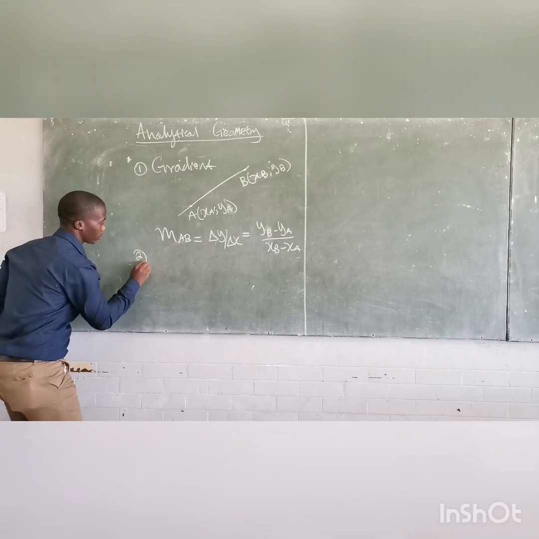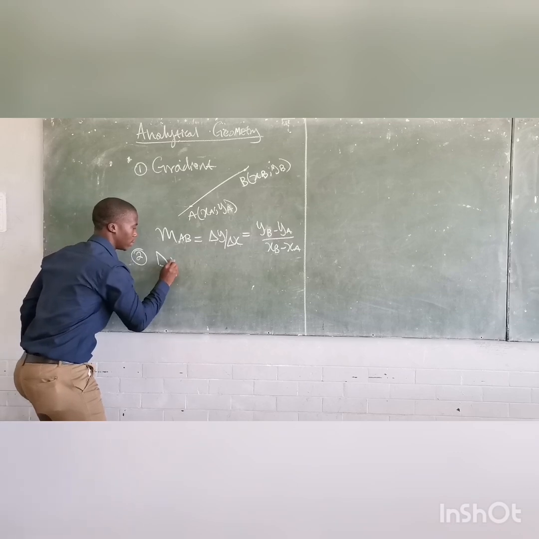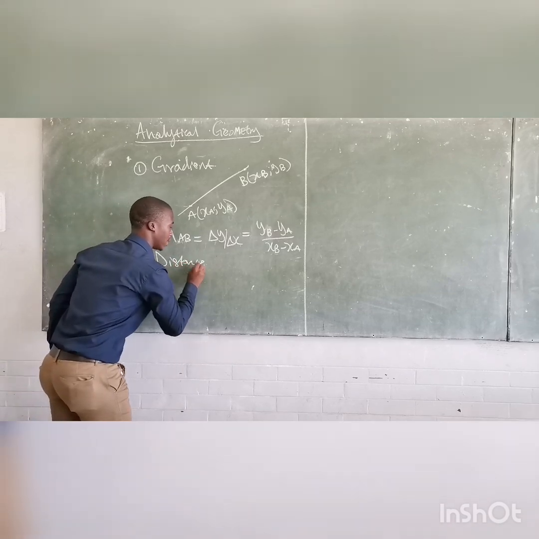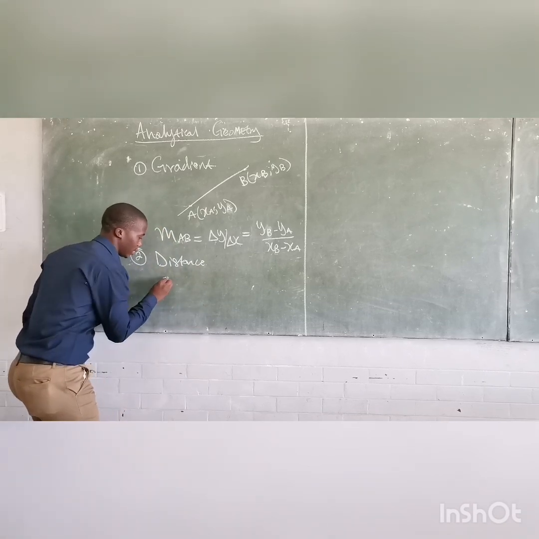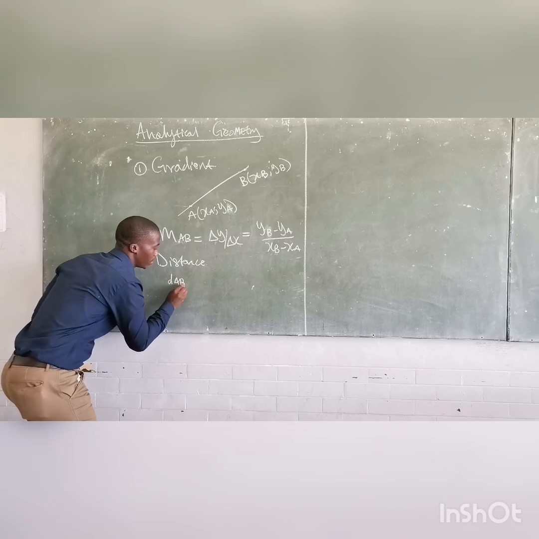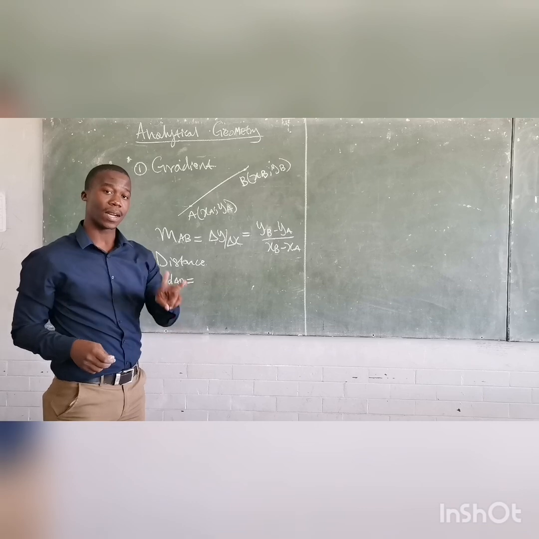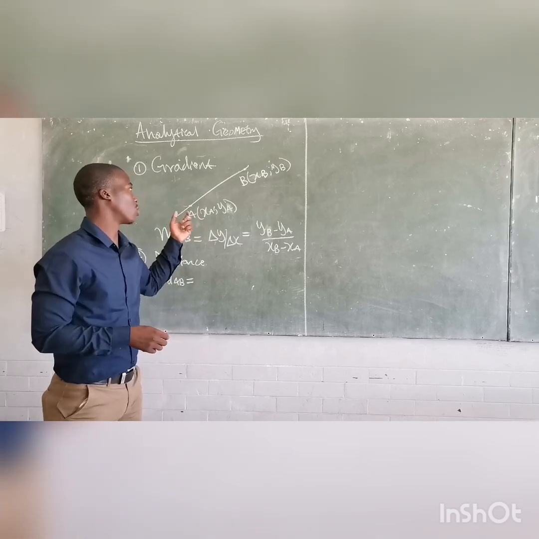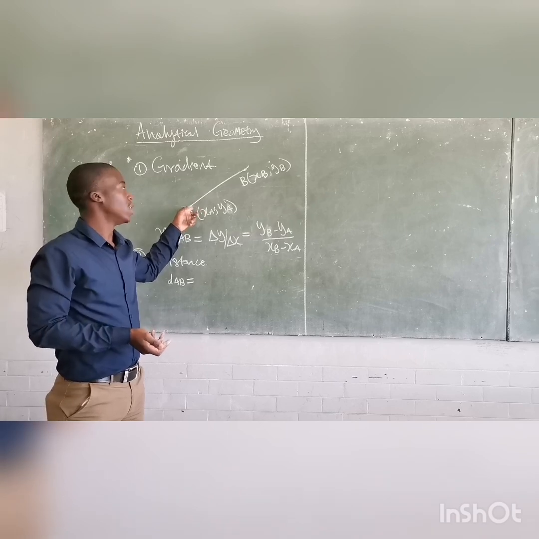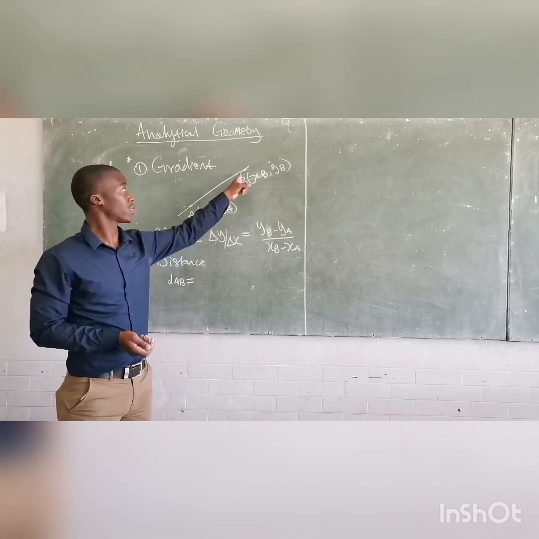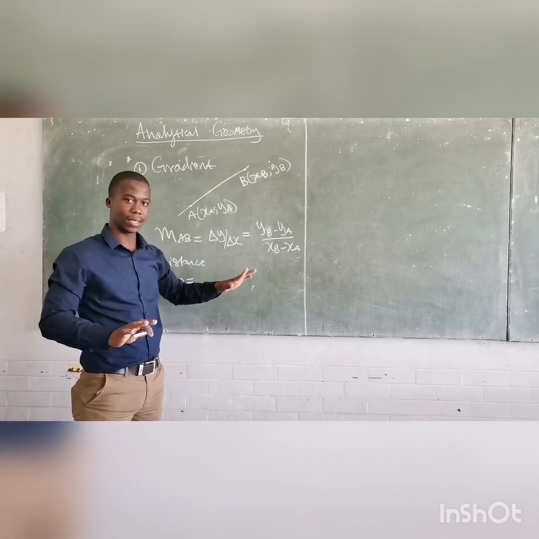Secondly, what you need to know is your distance formula, right? How to find the distance? It's easy, right? The distance of AB depends on the two points. That means you can now calculate a distance, right?